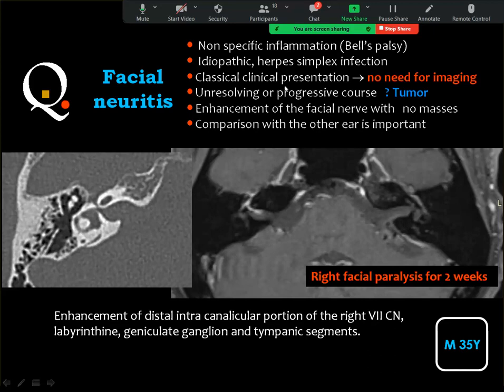The classic clinical appearance is not necessarily imaged by CT or MRI, but if the course of the facial neuritis is not resolving or is progressive, then you should have imaging to exclude the possibility of a tumor. The diagnosis is based on enhancement of the facial nerve with no masses or focal enlargement.